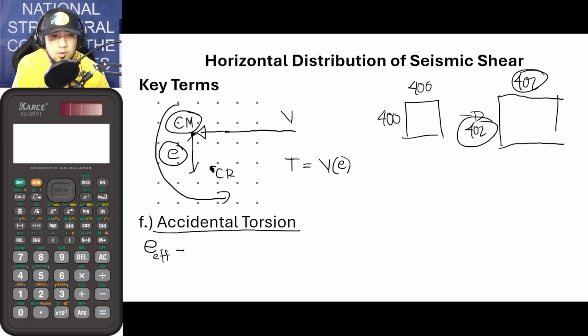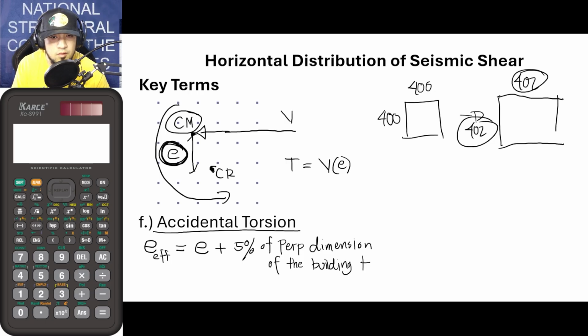So this is equal to the original eccentricity plus 5% of the perpendicular dimension of the building to the story shear. Okay?